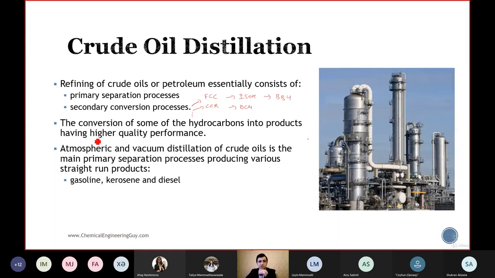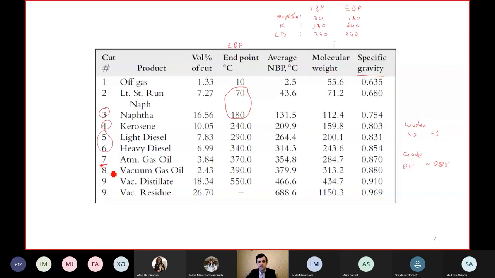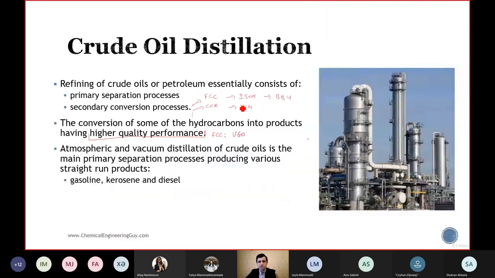So what we said is that we want to produce more transportation oils. For instance, in FCC, we have the vacuum gas oil, which is the heavy product from vacuum. Go back. This is the vacuum gas oil. You crack vacuum gas oil in FCC to naphtha and diesel.